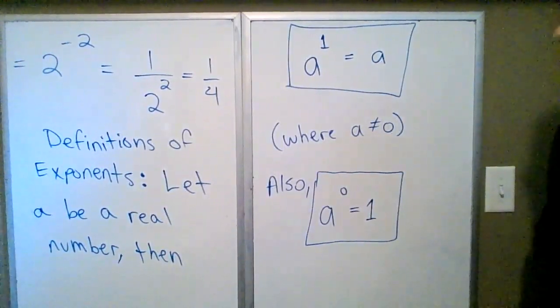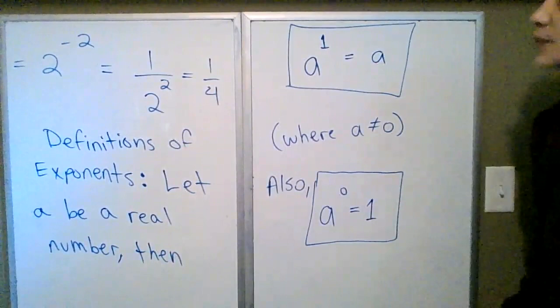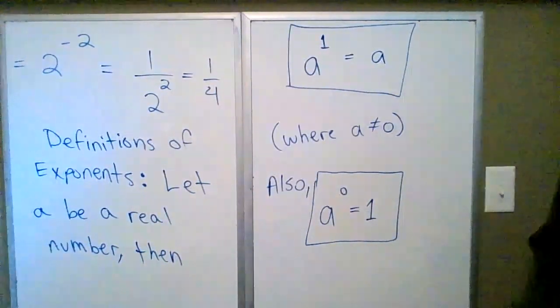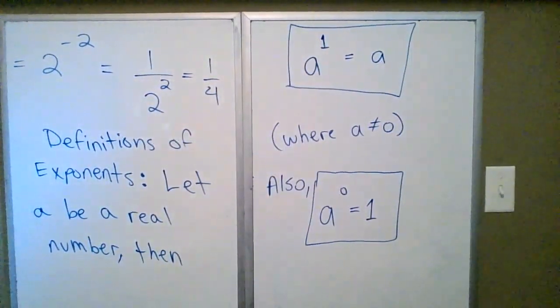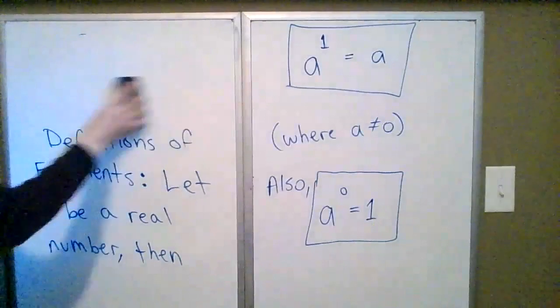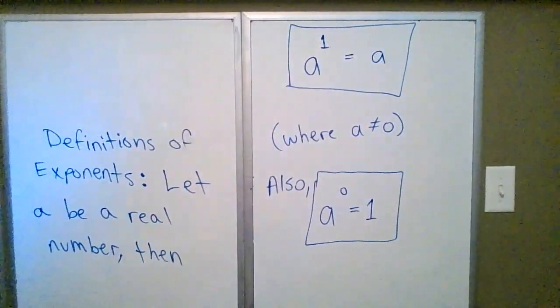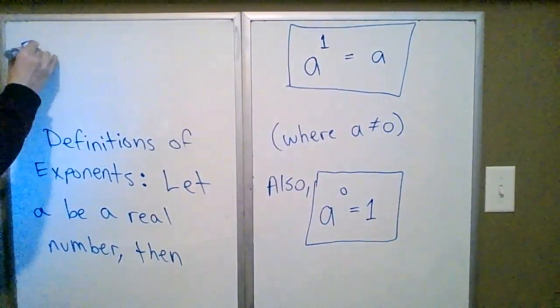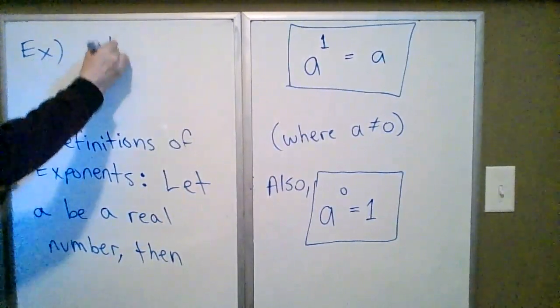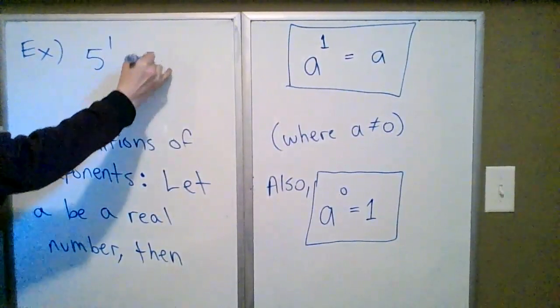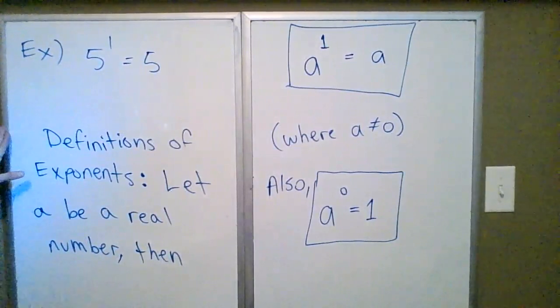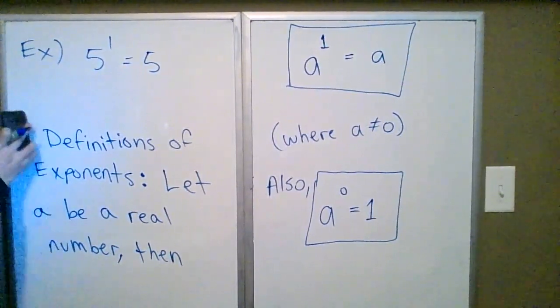Let's do easy ones, like 5 to a power of 1 is going to equal 5. And let's do 5 to a power of 0. It's 1.